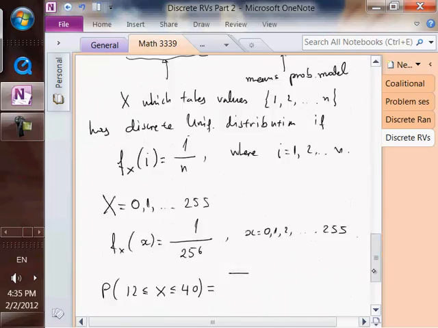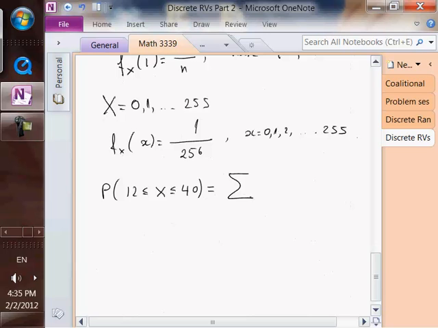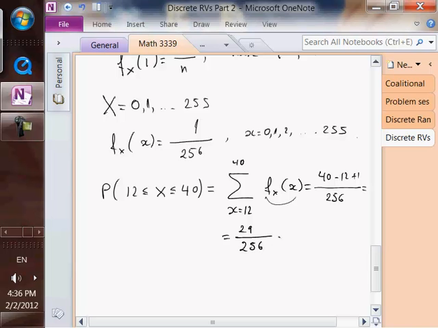So that will become the sum from 12 to 40 of f sub x of x. Now, all those values are equal to 1 over 256. How many values do I have? So that will be 40 minus 12 plus 1 times 1 over 256, divided by 256. So that will be 40 minus 11 over 256. So that is this probability.